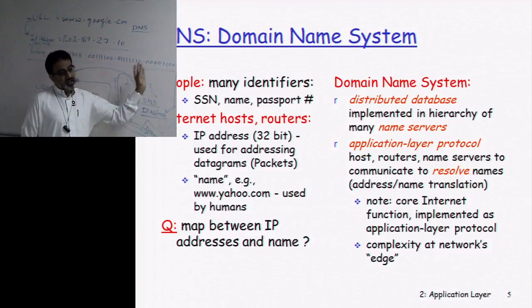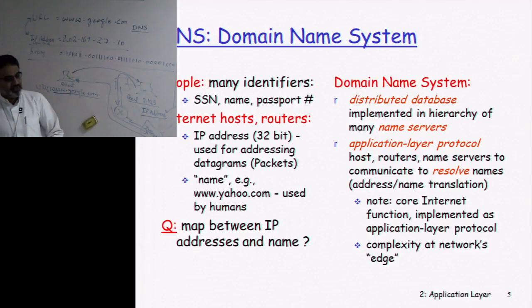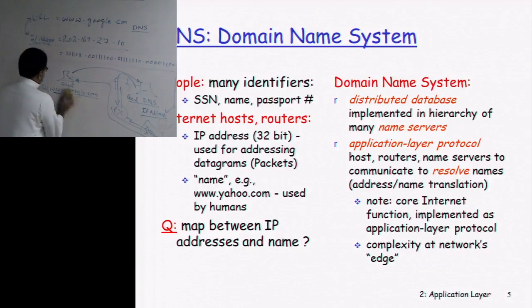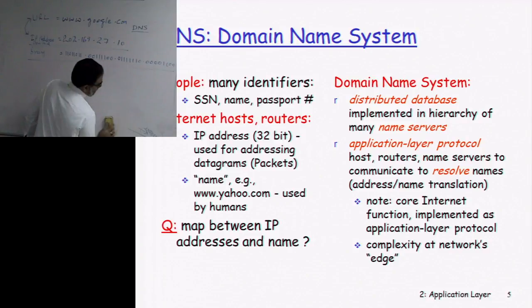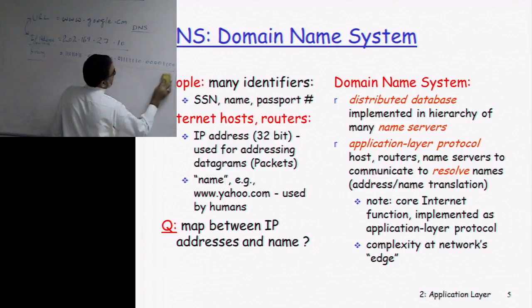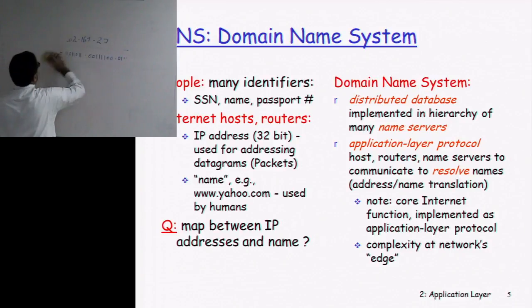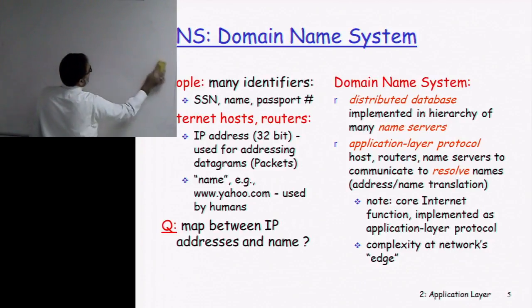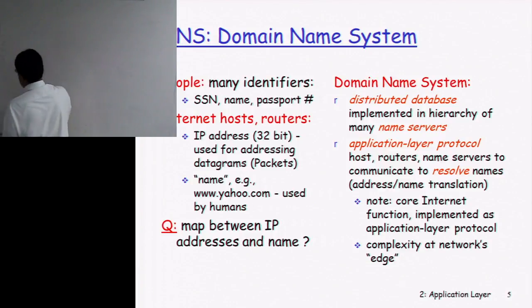If it fails, there is a single point of failure, and traffic volume will become very high on that server, because requests from all over the world are going to one DNS server for the name to IP resolution service. Also, a centralized database is distant. Now the database is distributed among different servers, decentralized.